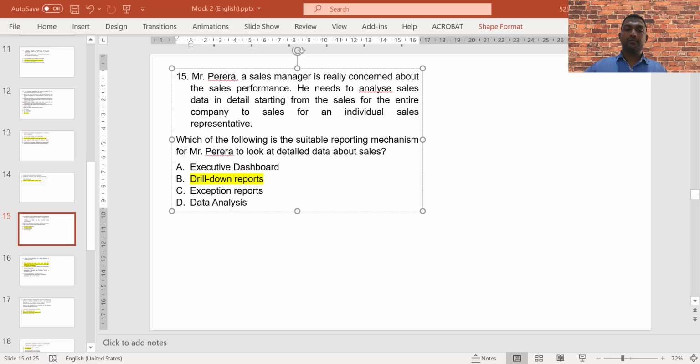So you can see the answer suitable for this one is a drill down report, which allows this ability to start from a higher level picture and then move into more specific detailed analysis. So the answer is answer B.